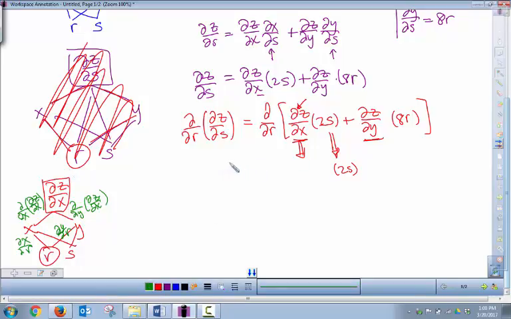All right, so let's write this derivative down. The derivative of this thing with respect to r is d squared z dx squared times dx dr plus d squared z dy dx times dy dr, times this constant.